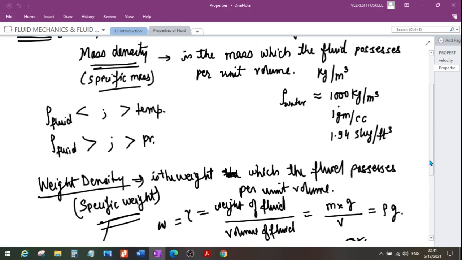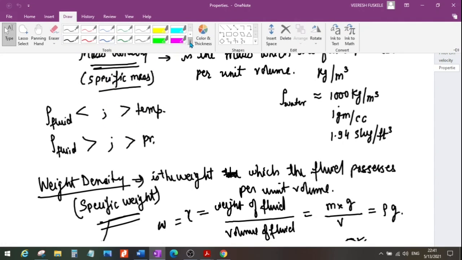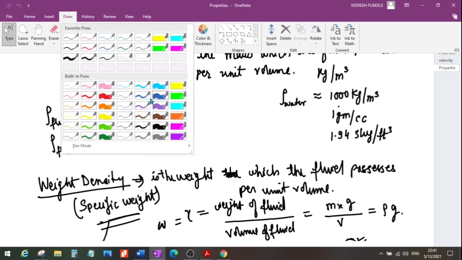Then we discussed the weight density and we defined it as the weight which the fluid possesses per unit volume, right? So this is also known as specific weight, and the weight density comes out to be equal to the mass density into the acceleration due to gravity, right?